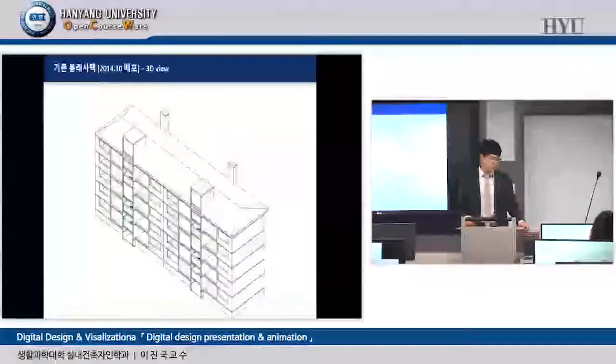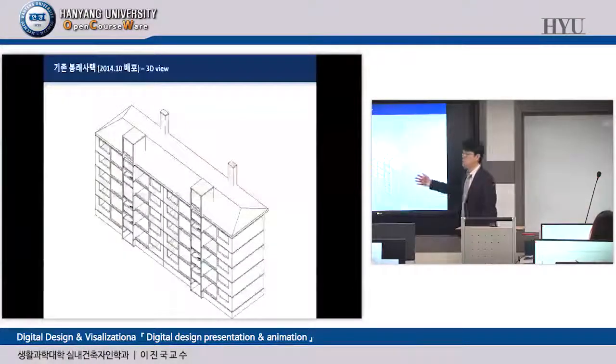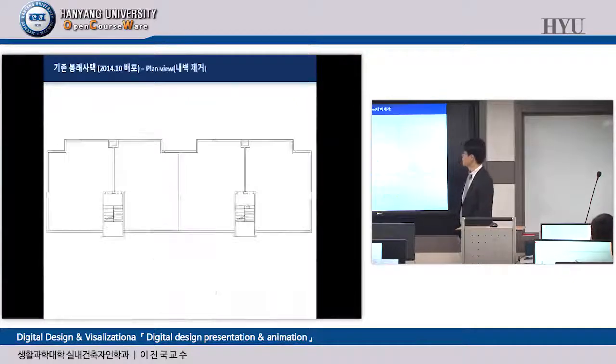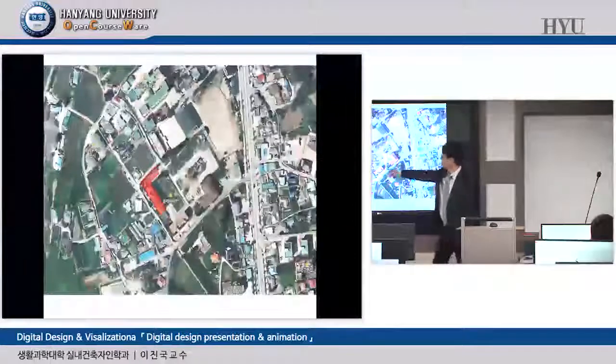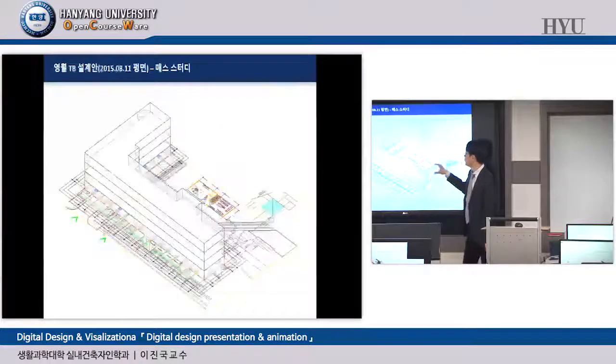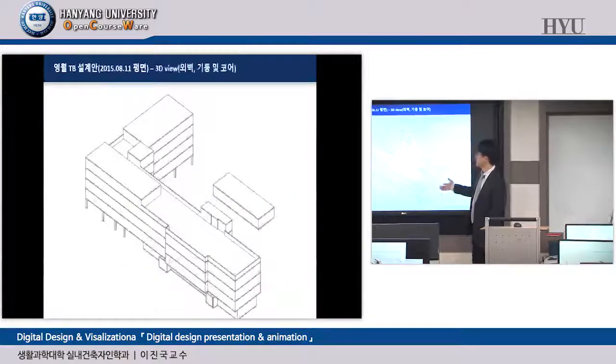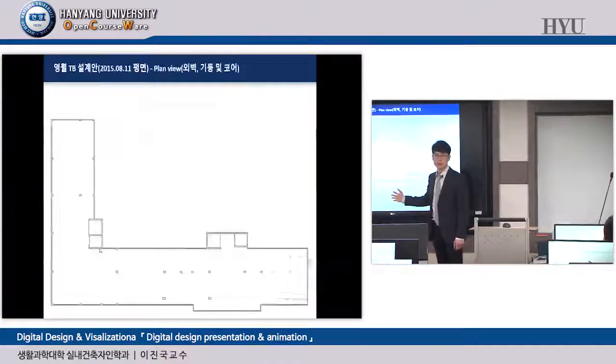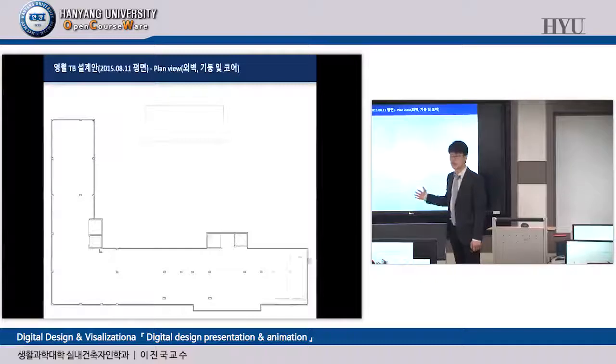Some more visualization from the existing building. This is the existing building and its floor plan view. Swipe out everything, and alternative planning, alternative modeling by using the given CAD file and mass study and slab object interior fill. But this one doesn't have interior fill, okay? Because this is a building mass study.